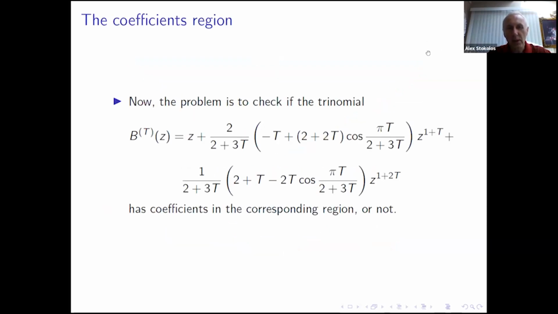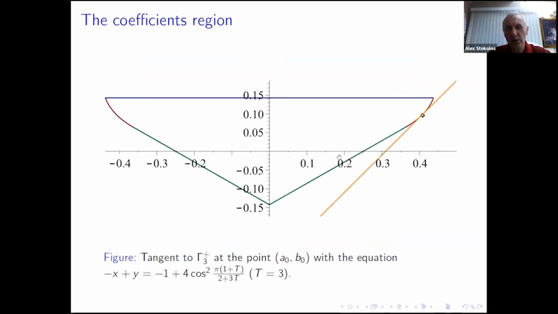And for the Brandt polynomials, this is the exact form for Brandt polynomials in the case of that specific trinomial. The corresponding point turns out to be a point where the tangent line to this region goes at an angle of 45 degrees.